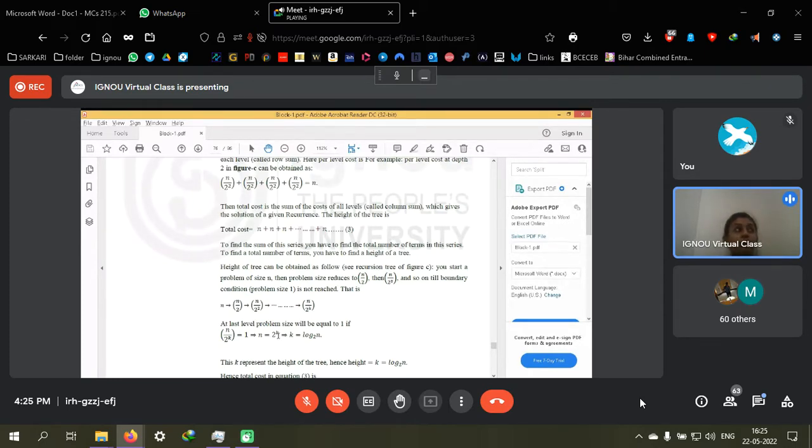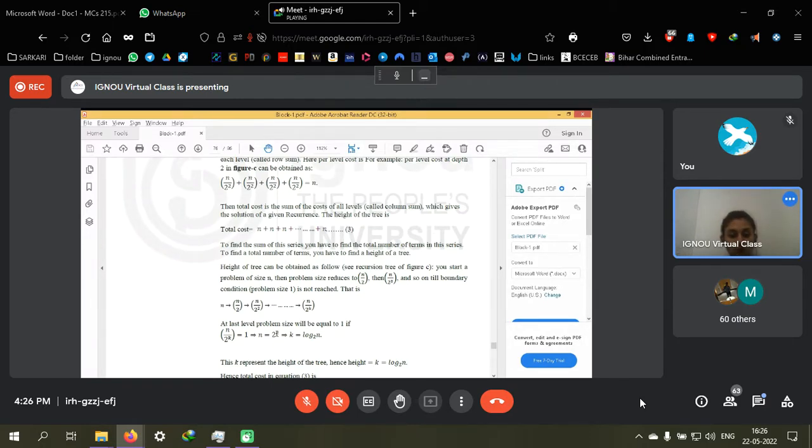Now, whenever you get a value 2 with some power, you will always take log on both sides, LHS and RHS. So here is log n and here is log 2 to the power k. When you are solving the log value, you have to put the power before the log. So you get log n is equal to k log 2.